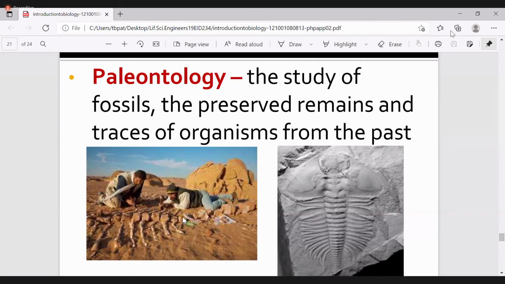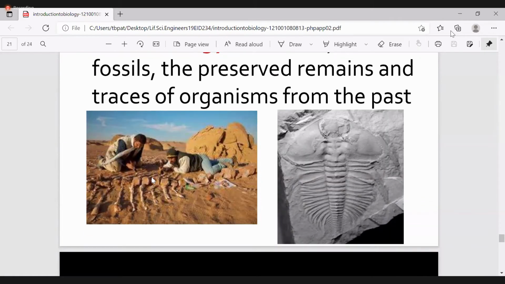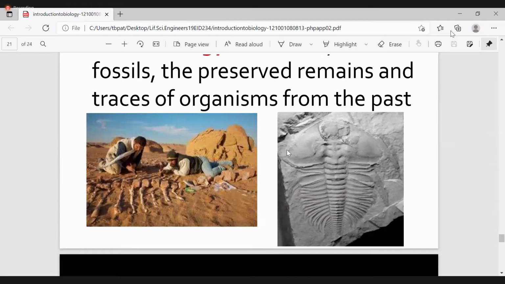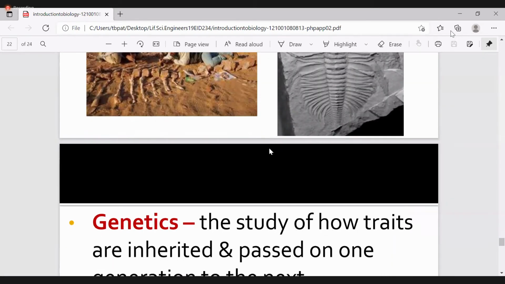That many animals lived on the earth, but now that particular species is not visible. So these are the studies of fossils, the preserved remains and residues are traced, and their organs according to the DNA. Paleontology is a vast study.